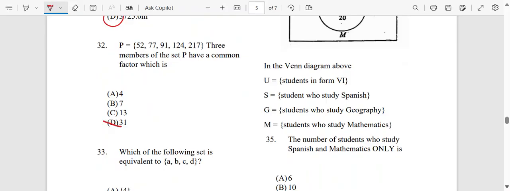No, so it's not 31. Why? Because we have a really high decimal. So is it 13? 52 divided by 13, we have 4. But if we say 77, we divide that by 13, we will get no. So we definitely know that it's not that. How about 7? 52 divided by 7? No.